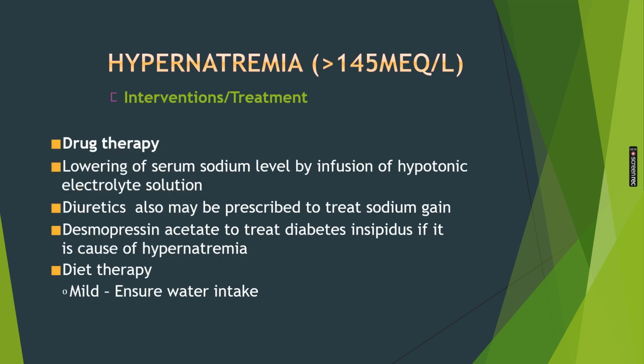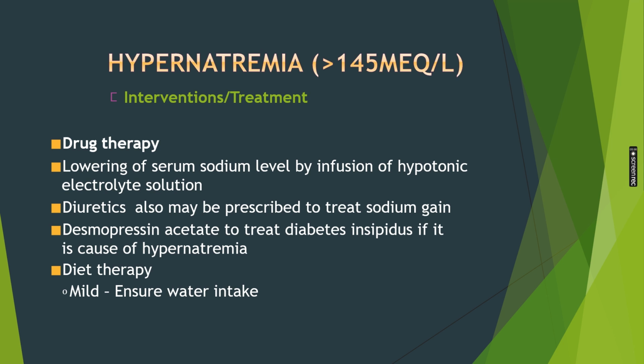Then interventions: what all can we do to manage hypernatremia? Drug therapy involves lowering the serum sodium level by infusion of a hypotonic electrolyte solution. This hypotonic solution has a lesser amount of solutes, so it sends the water back to the intracellular fluid compartment.